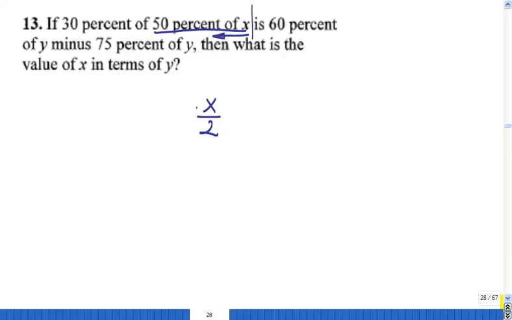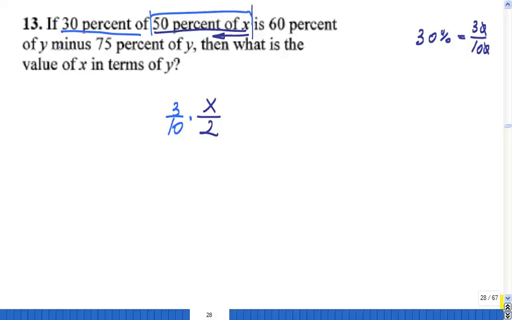How can you find 30% of half of x? 30% as a fraction is 30 over 100, which is 3/10. So 30% of 50% of x is 3/10 multiplied by half x, right?